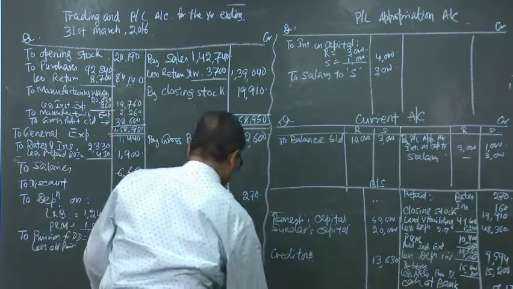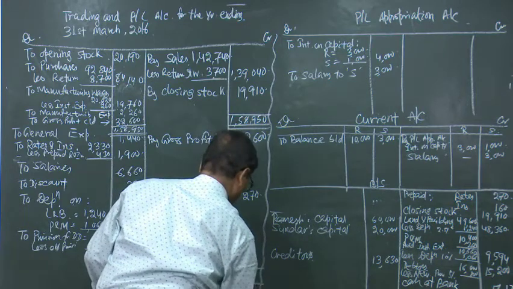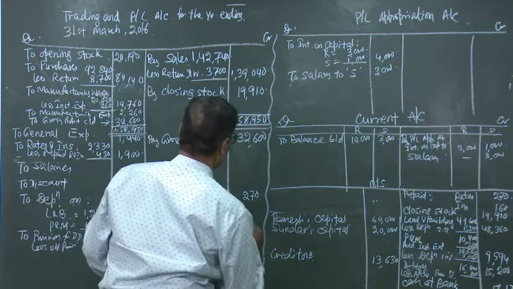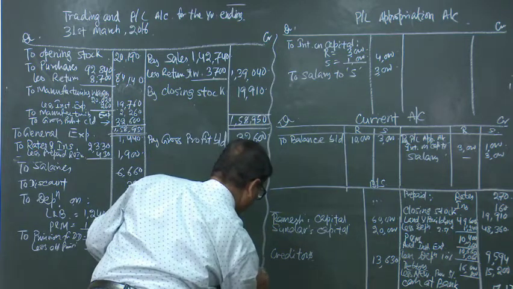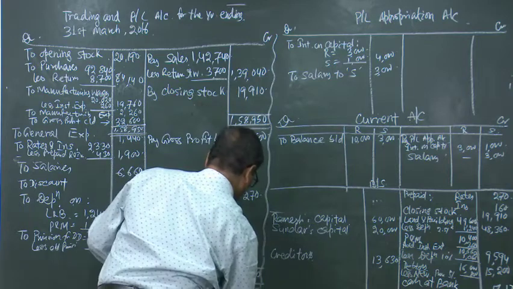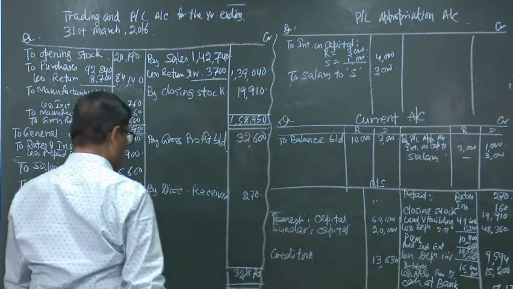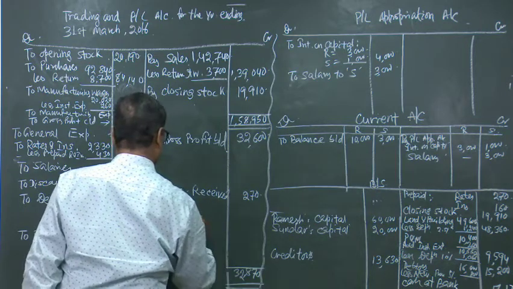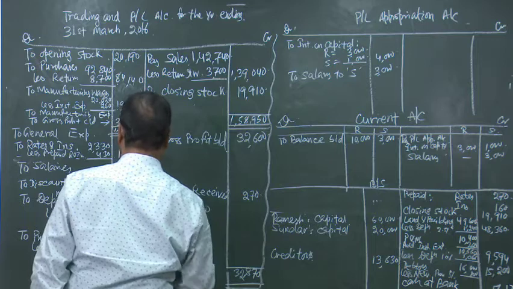Now, let us add this and we get 870 and 32,000, 32,870, minus this total.